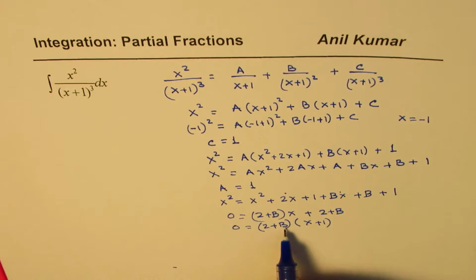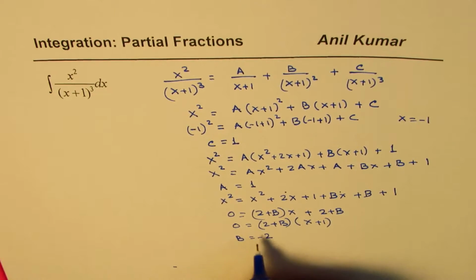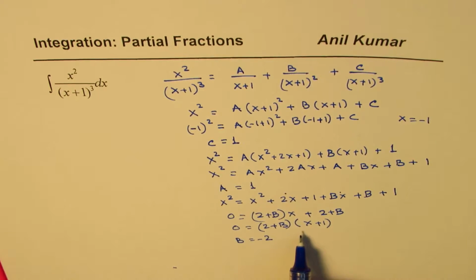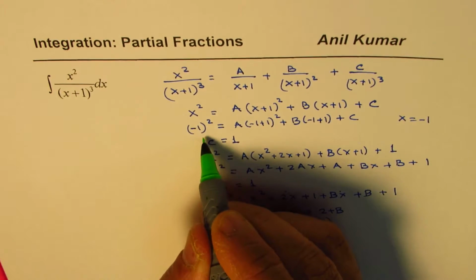For B equals minus 2, this will be 0. So B equals minus 2 will always make this equation true. So from here we get the values for A, B, and C.